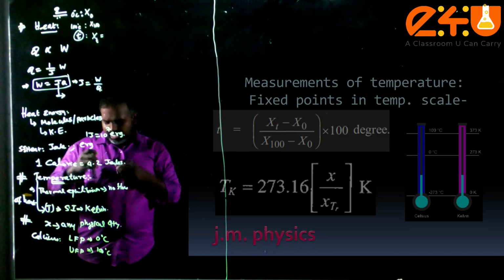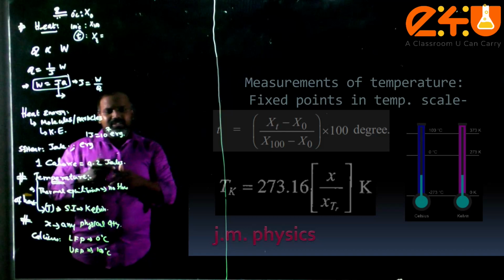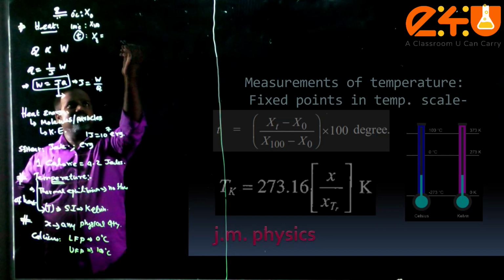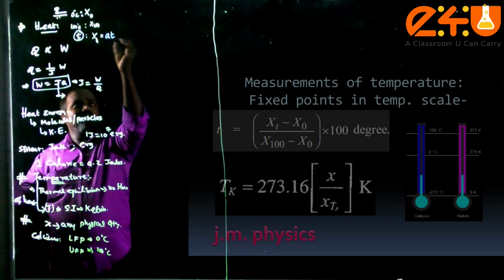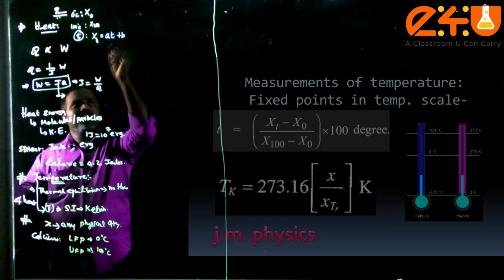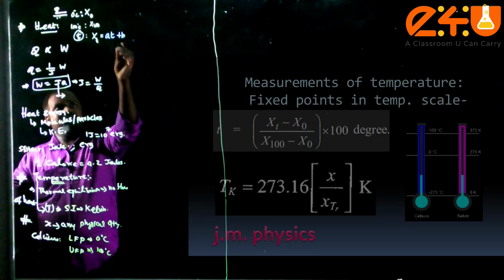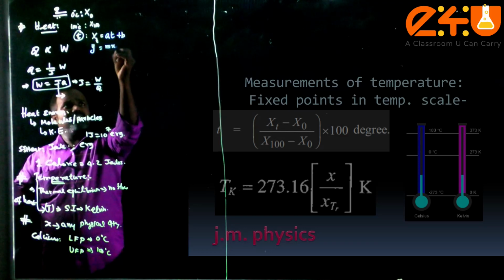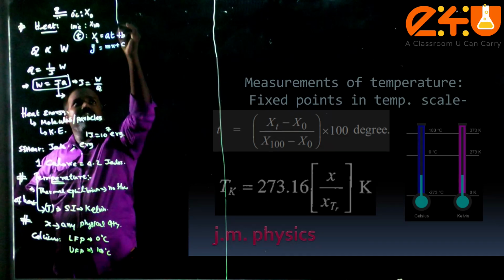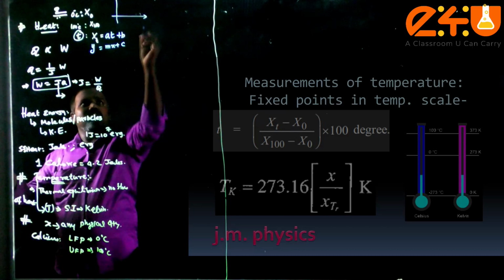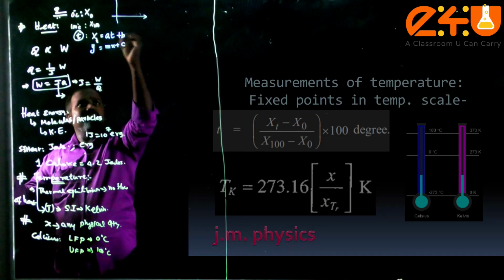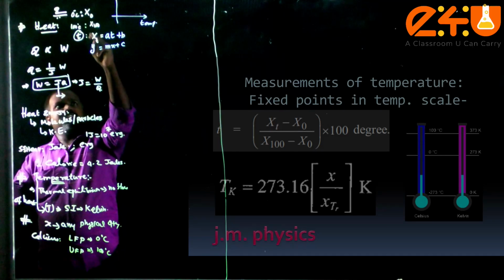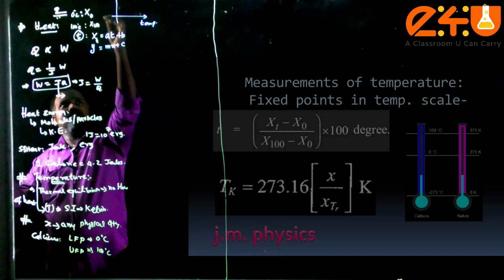At this temperature, let us assume that there is a linear variation between this physical quantity with respect to temperature. I can take that generally as Xt equal to At plus B. So we know that this is the equation of a straight line, just like y is equal to mx plus c. When you draw the graph for that, along the x direction temperature is there. Along the y direction, the particular parameter, that is the quantity, is there.